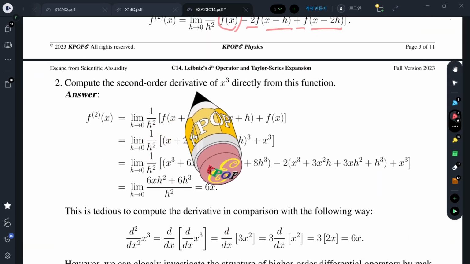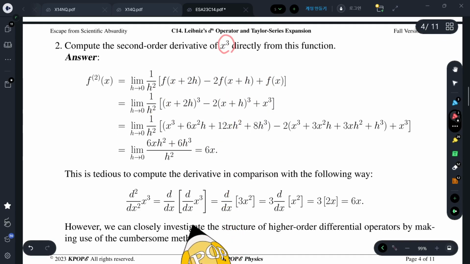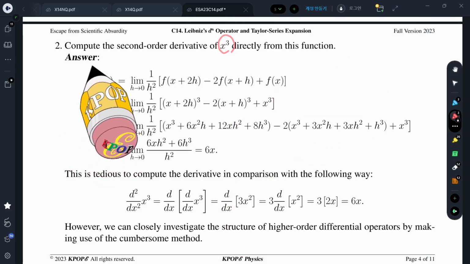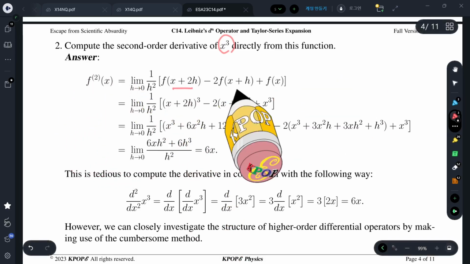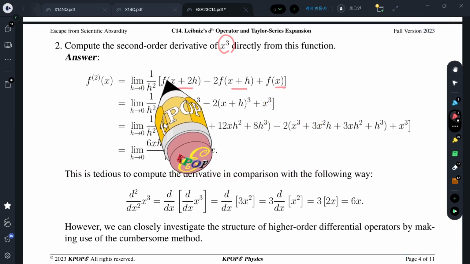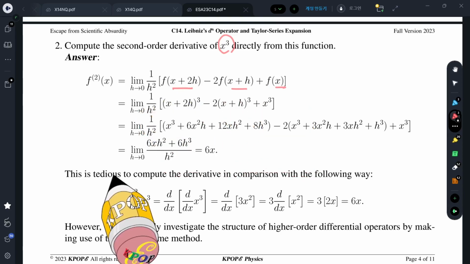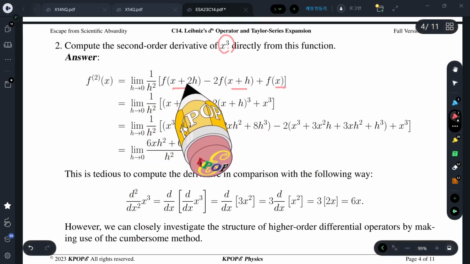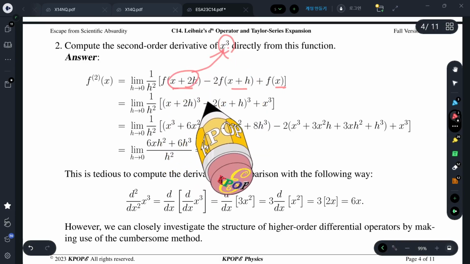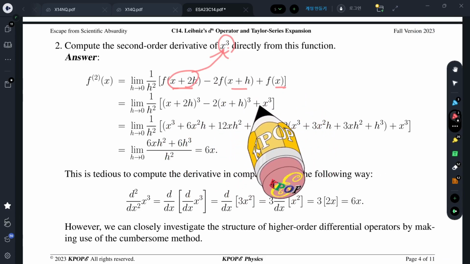Compute the second order derivative of x cubed directly from this definition. I substitute this argument into this function: x plus 2h cubed, x plus h cubed, and x cubed.